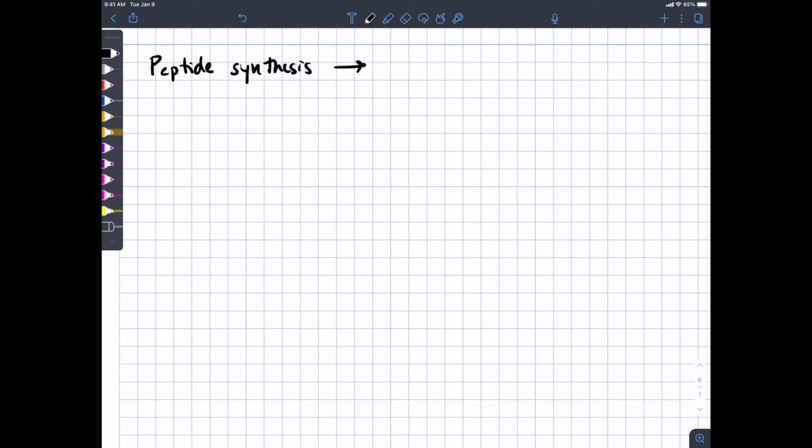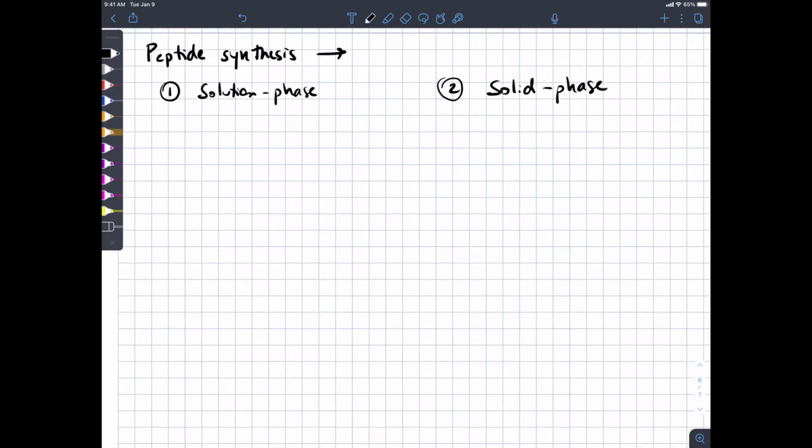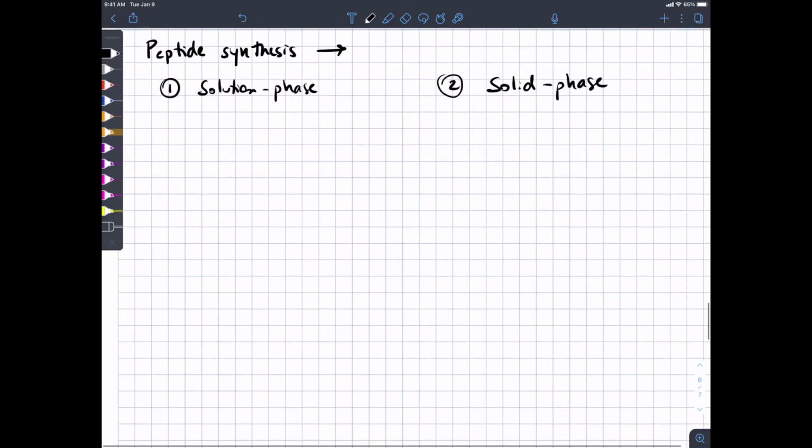One is solution phase. That means we're doing the reaction in solution. And then the second is called solid phase, and that's a new innovation that we haven't talked about and that we'll learn. But both of these methods require protecting groups.